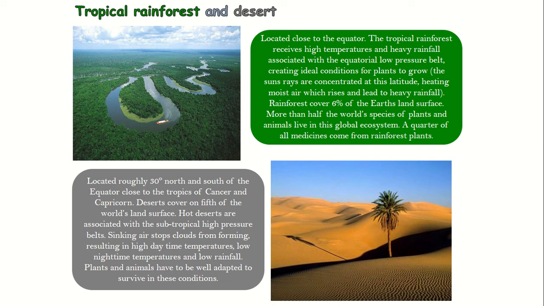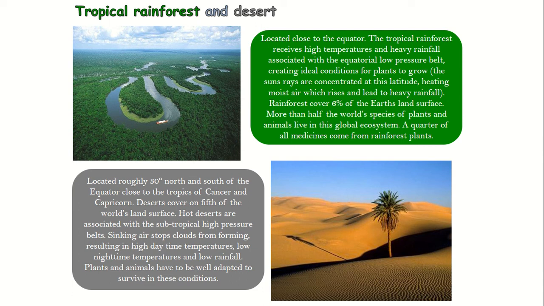And if you remember, low pressure is where we get lots of heat rising, forming lots of clouds and lots of rain. They cover about 6% of the Earth's surface, more than half of the world's species of plants and animals live in the rainforest, and about a quarter of all our medicines also come from rainforest plants. So, as a biome, as a global ecosystem, it is very important.